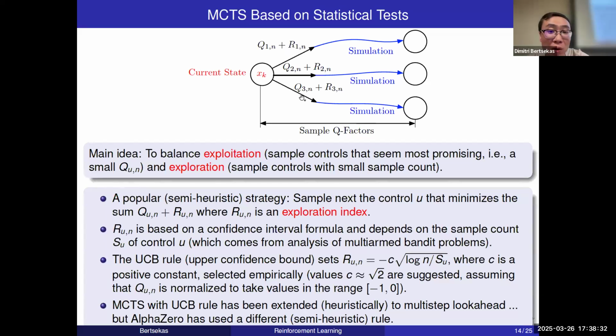And at that point, we don't minimize over the sums with exploration indices, but rather we minimize over the Qs only, because those Qs are the empirical estimates of the Q factors that we minimize.